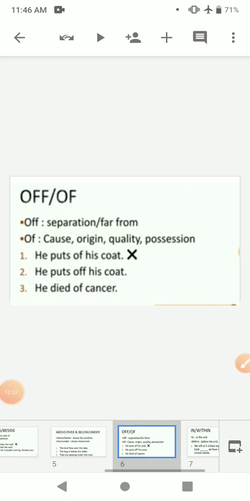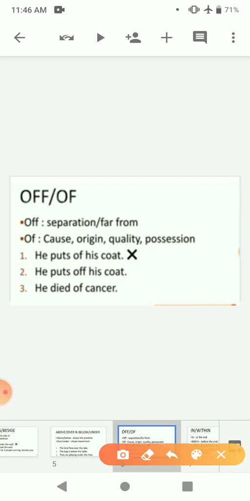Now coming to the prepositions off, o double f, and of. O double f off is used for separation. If two things are together and then we separate them, there is a separation.